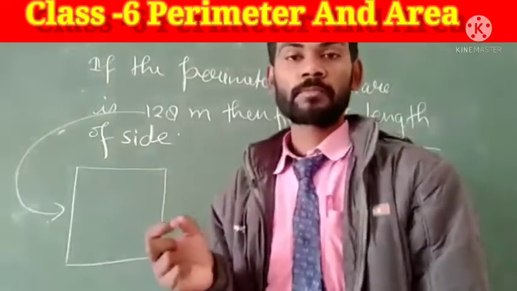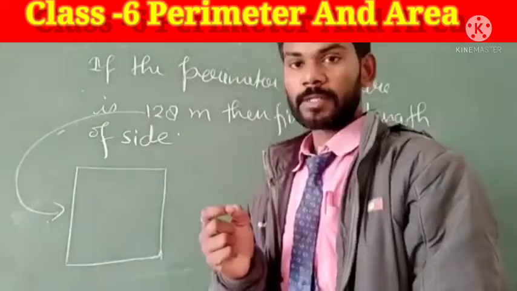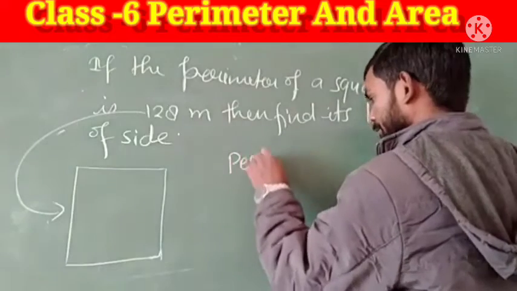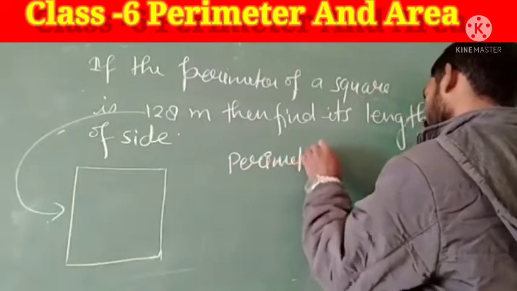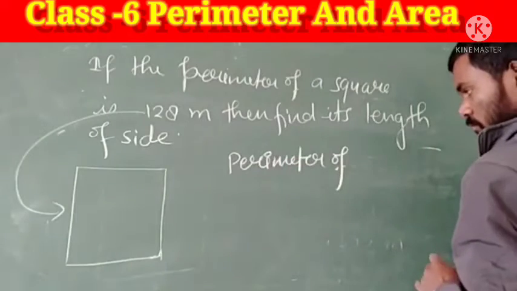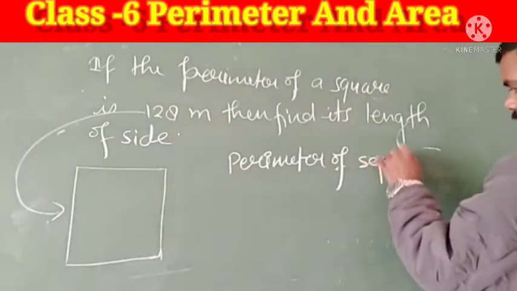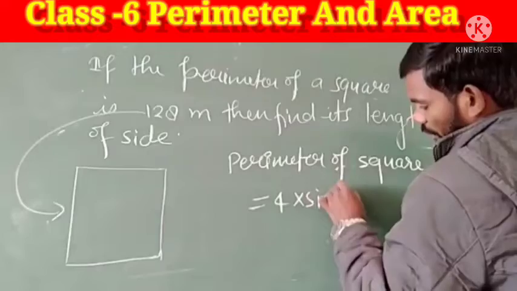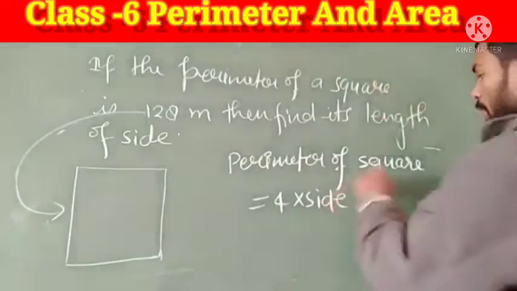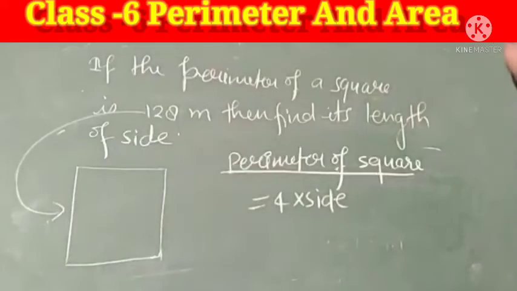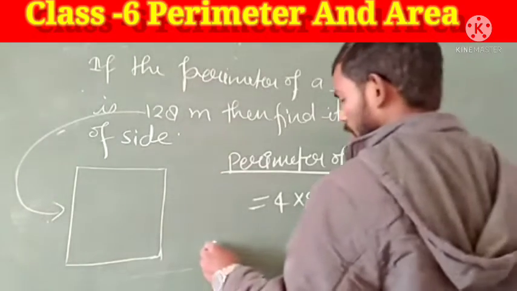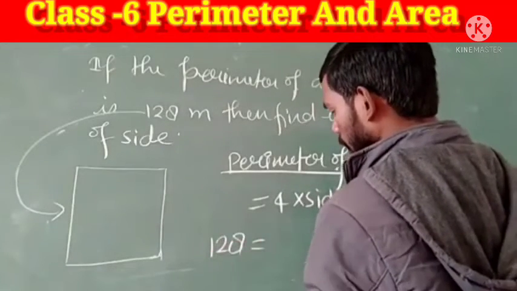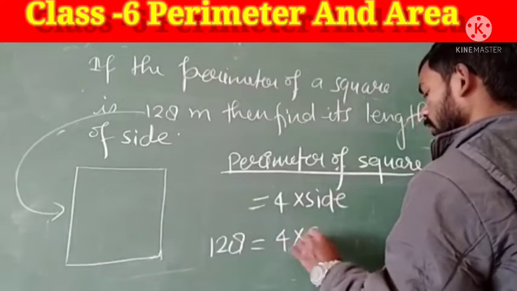So when we find its length, first of all we write perimeter of square is equal to 4 into side. The perimeter is given in the question, so here we write 128, and this will be equal to 4 times side.